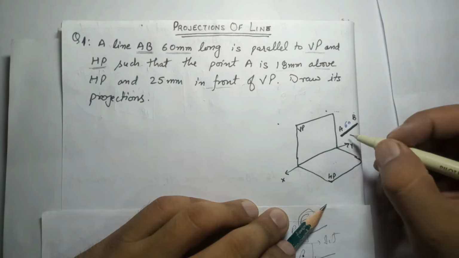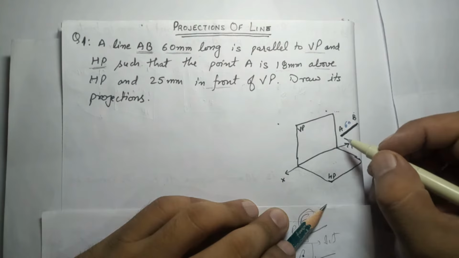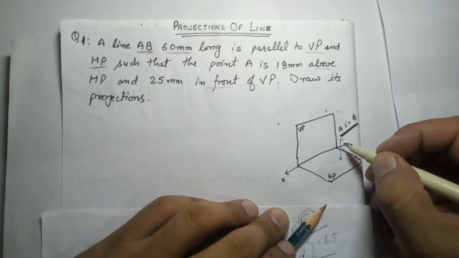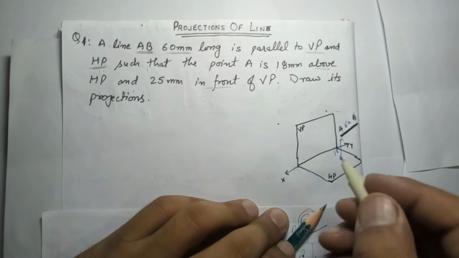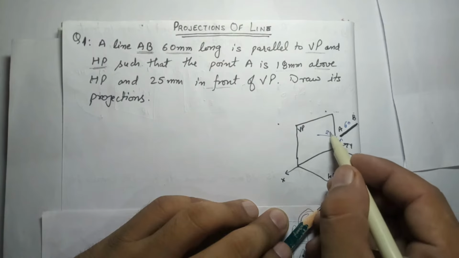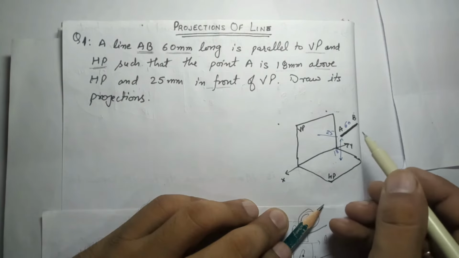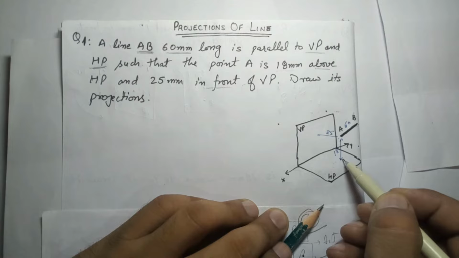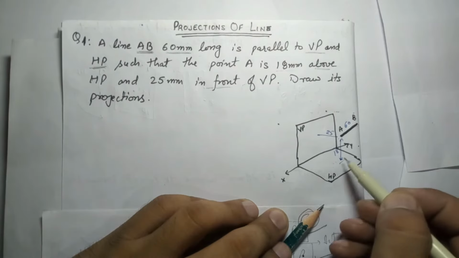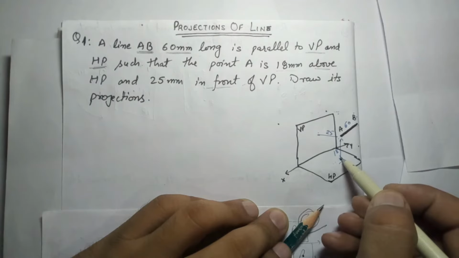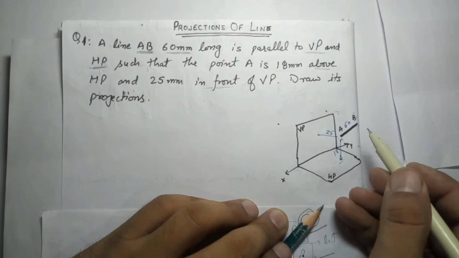Point A is 18 mm above HP, so this gap is 18 mm, and this gap is 25 mm in front of VP. If A is 18 mm, B will also be 18 mm because the AB line is parallel to HP. The same gap for A and B, and the same for the other distance. Whatever values are given for A, the same will hold for B.